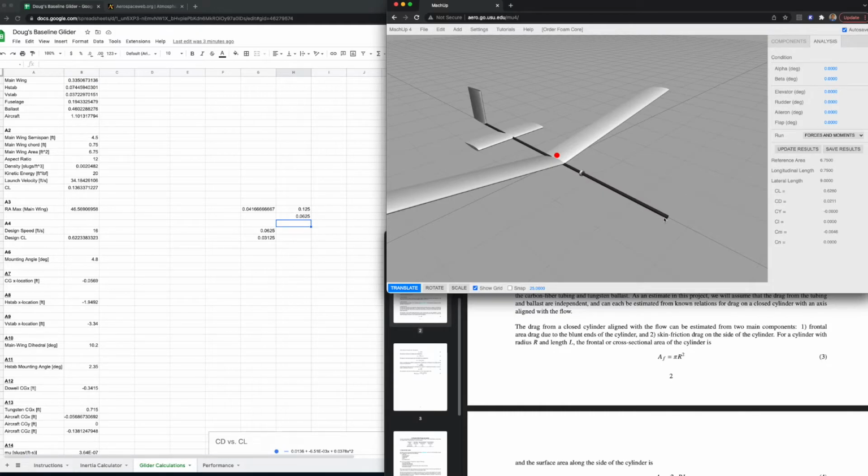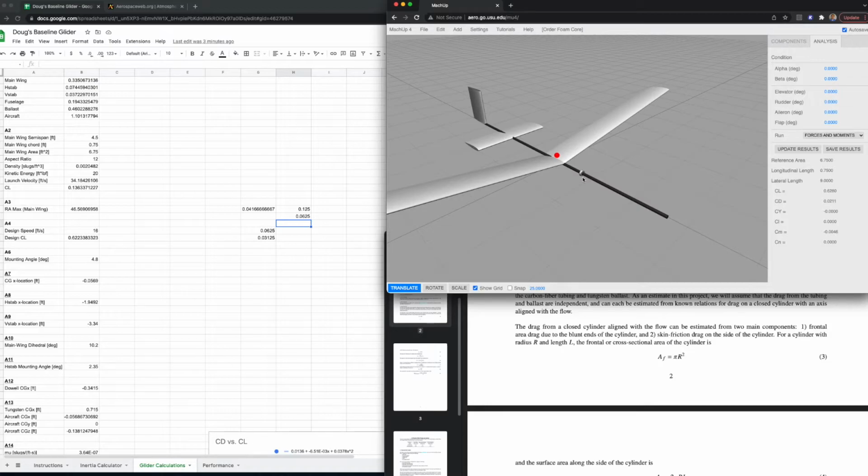And so we're going to estimate the drag from the carbon fiber cylinder, and then we're going to estimate the drag from the tungsten ballast cylinder, and we're going to pretend like those are independent, like they were just sitting alone in the flow. This is how much drag they would be producing, and then we're going to add those together. Now, that's a little bit pessimistic, right? Because there's a few reasons this is a little pessimistic.